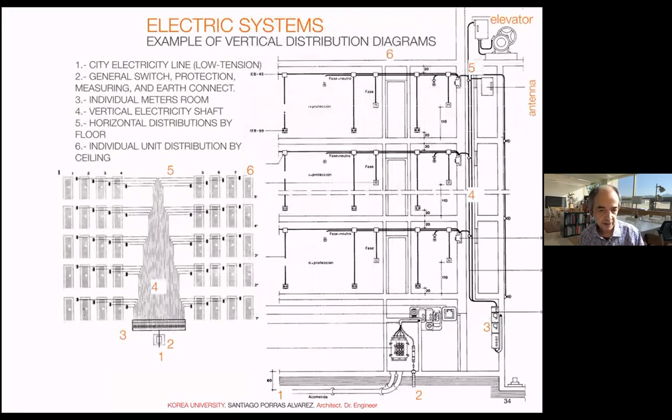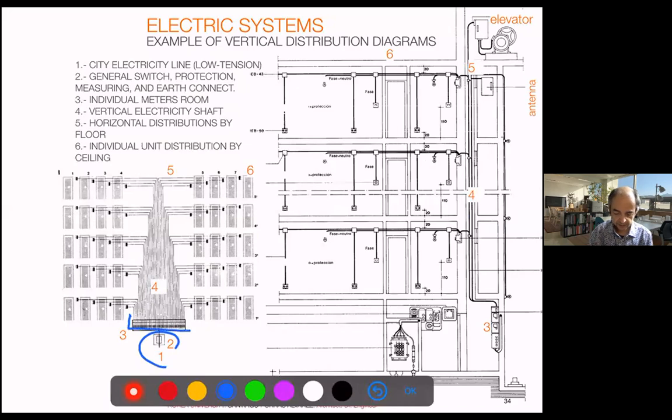And the distribution system is quite straightforward. It's easier than plumbing because electrical wires need less care than water. The common case nowadays is to have the main switch, then the counters room, and then one line per each unit.